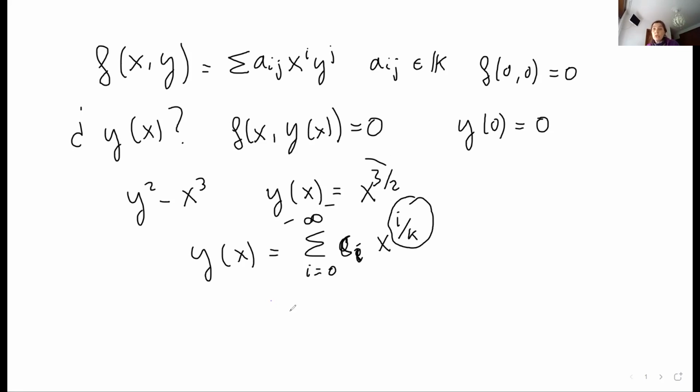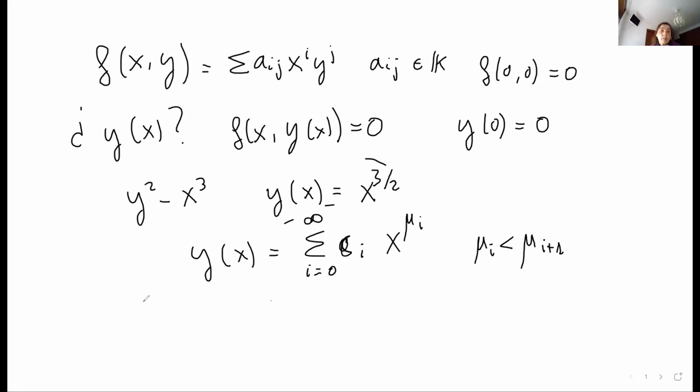How do we find the solutions? We start by finding the first term. Instead of writing it like this, I will write it as the sum of c_i x^(mu_i) with mu_i less than mu_(i+1). Since the solution has infinitely many terms, we need to find the first term, then the second term.